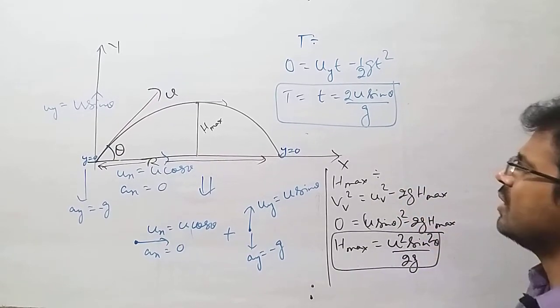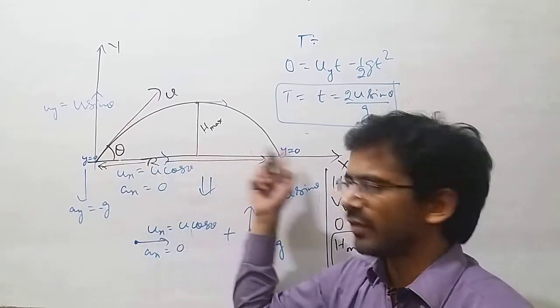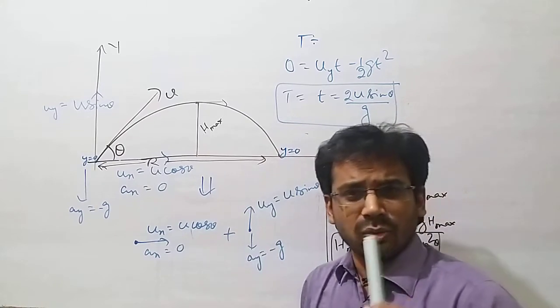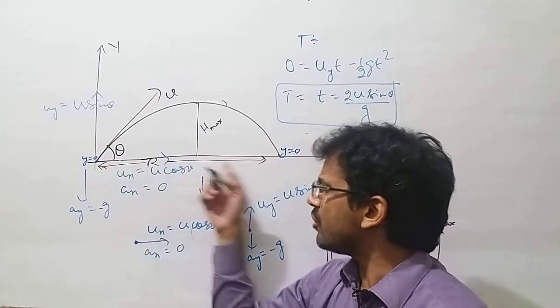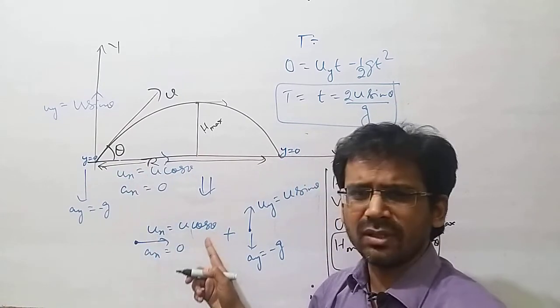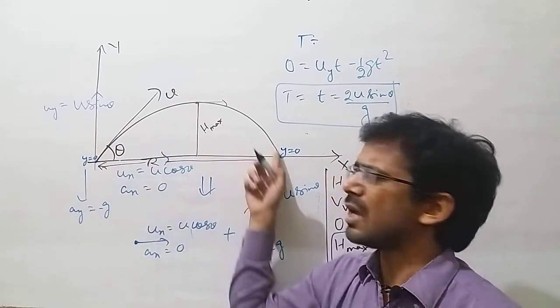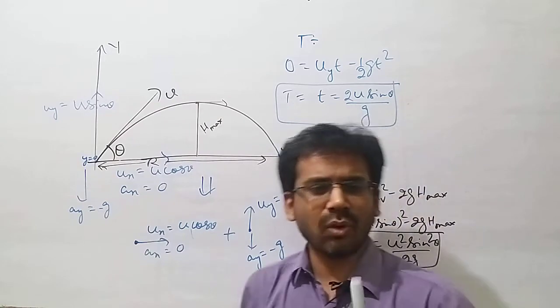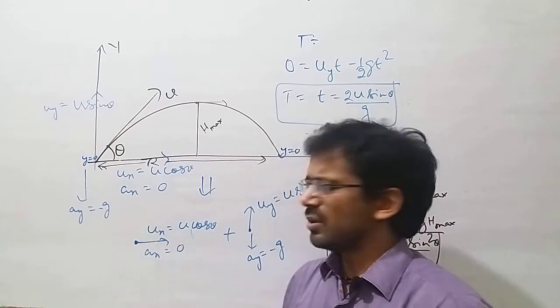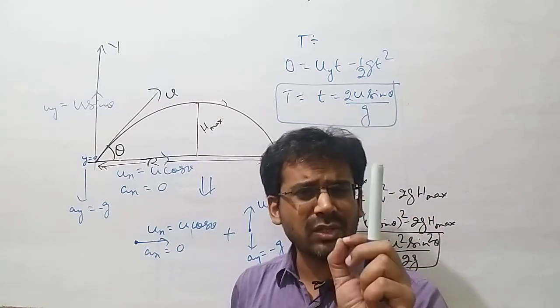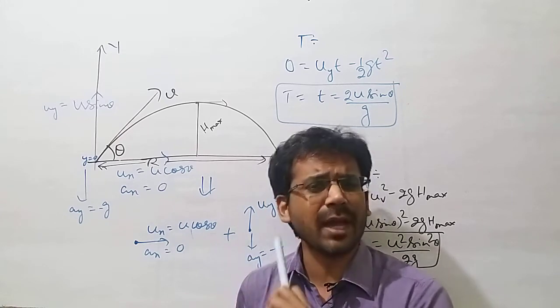Now finally, what is the horizontal range? The particle will move in the horizontal direction with constant velocity for the time for which it is above the ground. So again it comes to the formula distance equals speed into time.